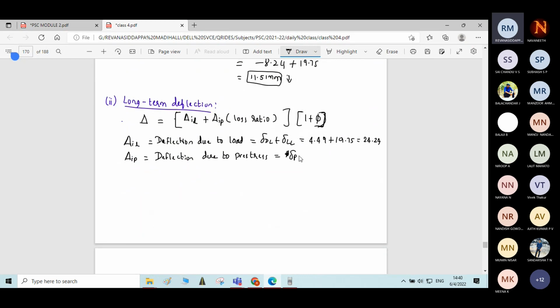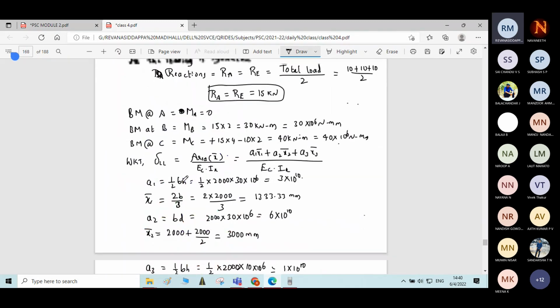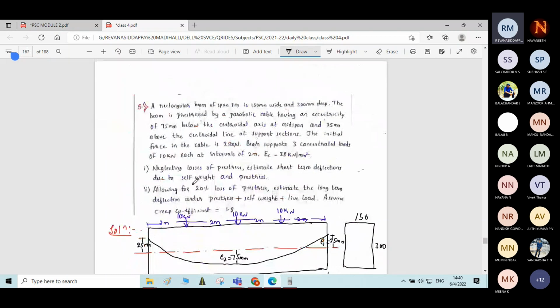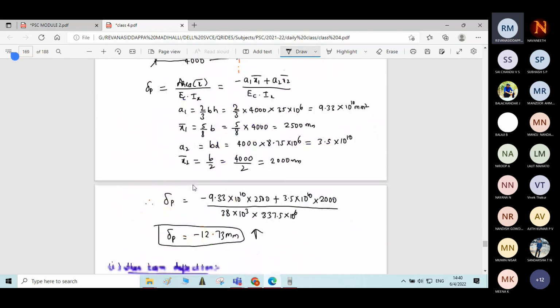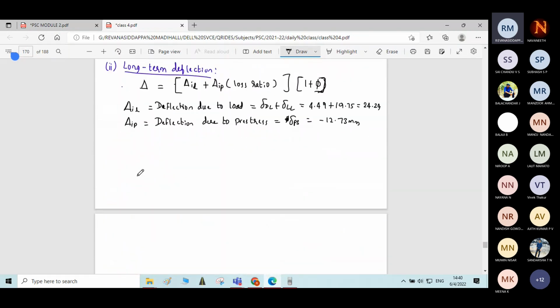Delta PS is equal to minus 12.73 mm. What about the loss ratio? He said that 20% loss, considering the 20% loss of prestress. So 20% loss means what will be the loss ratio?